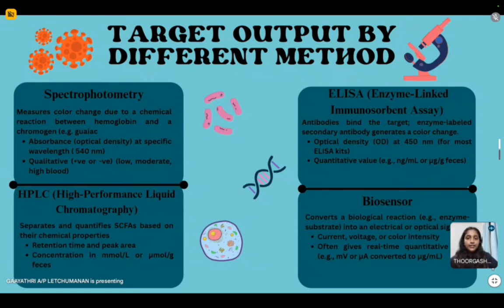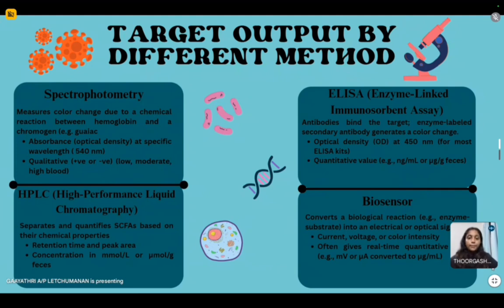Third, ELISA, enzyme-linked immunosorbent assay. The antibodies bind the target, and enzyme-labeled secondary antibodies generate a color change. For example, optical density at 450 nm for the most basic ELISA kit. And it also has quantitative values in ng/ml or micrograms.